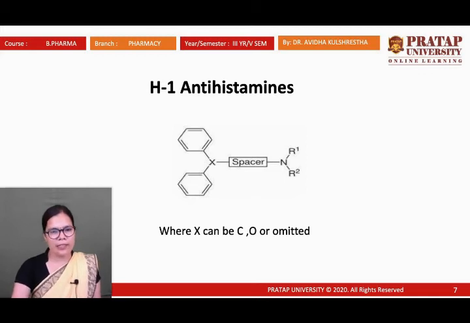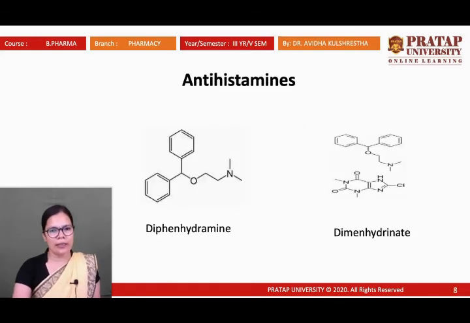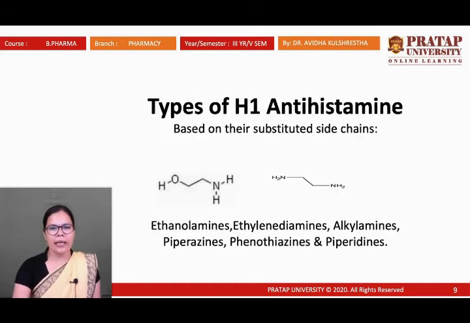So H1 antihistamines are the first generation antihistamines, which are basically non-selective and have some side effects, because they work on some other receptors also instead of only H1. These are examples of antihistamines: diphenhydramine and dimenhydrinate.